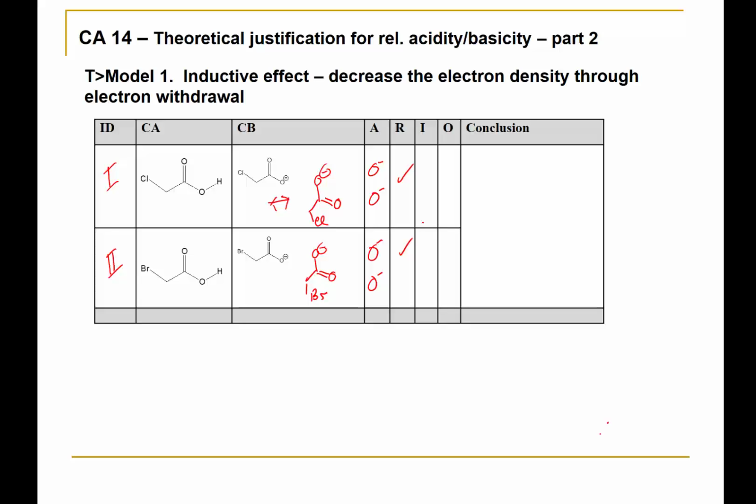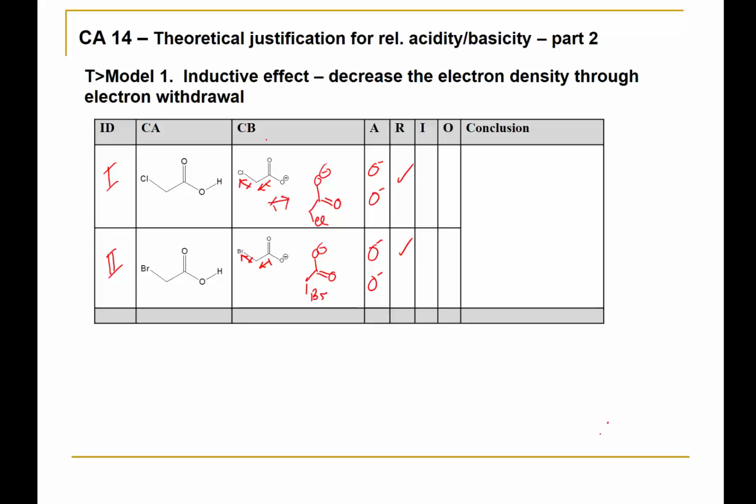What about stabilization by induction? So again, there's electron density being pulled along the sigma bonds away from the negative charge. This helps reduce the electron density about that negative charge. As you might imagine, the more electronegative atom is better at pulling electron density through the sigma bonds.